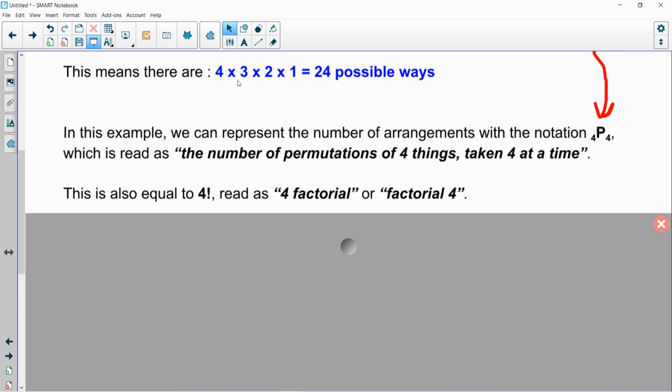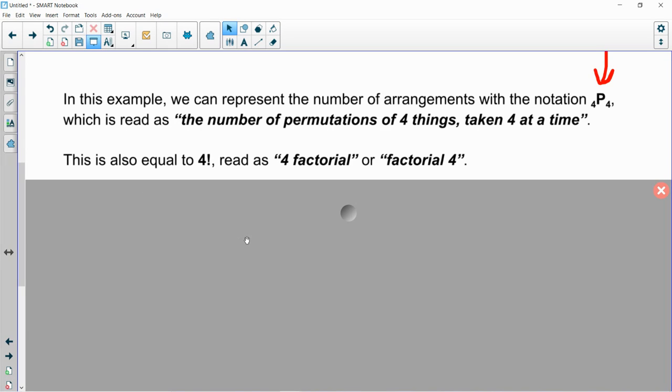This expression, 4 times 3 times 2 times 1, is also equal to this notation, 4 with an exclamation point after it, which we know and love as our factorial. So you can read this as either 4 factorial or factorial 4. And generally, we see it written, and we hear people read it aloud as 4 factorial.